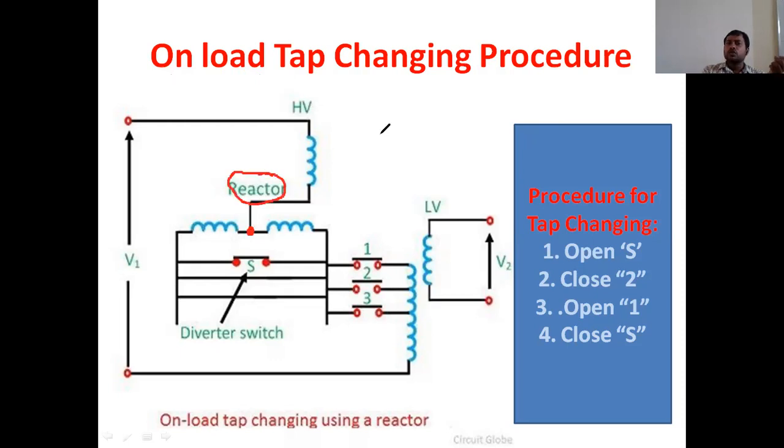This reactor is used to reduce load fluctuations and the sudden change in current, and to reduce arcing problems.